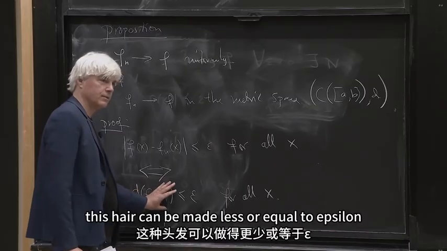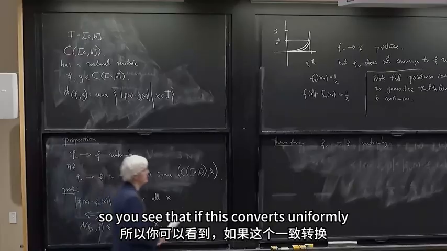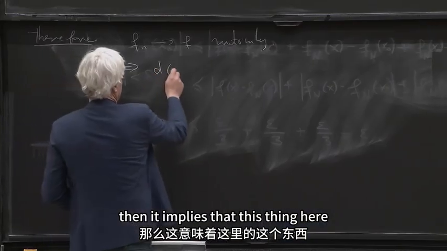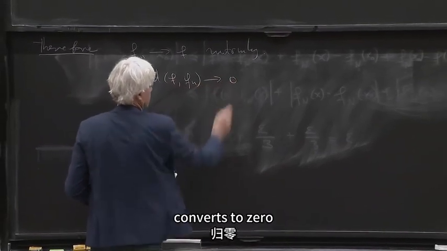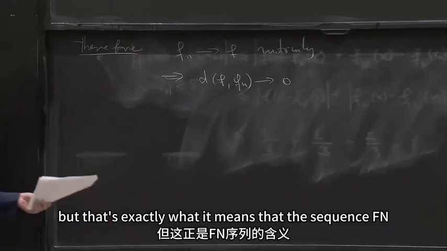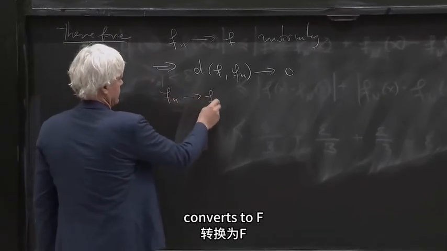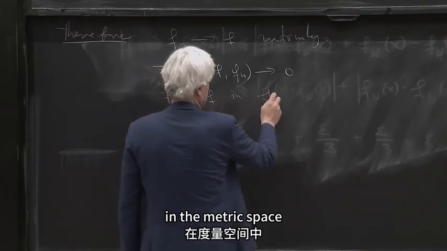So you see that if this converges uniformly, then it implies that this thing here converges to 0. But that's exactly what it means that the sequence f_n converges to f in the metric space.